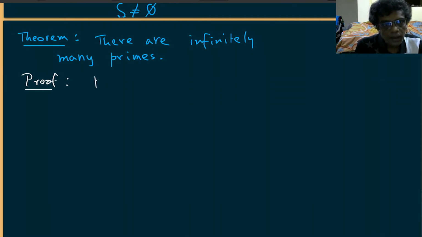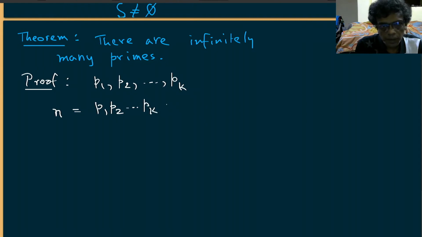Suppose that there are finitely many primes, P1, P2, up to Pk. Okay. Now I consider a number m, the product P1 P2 up to Pk of all this finite number of primes, and I just add 1 to it. Now you see that P1 does not divide this quantity, it gives a remainder of 1, P2 does not divide, P3 does not divide, and so on. Pk does not divide this quantity.